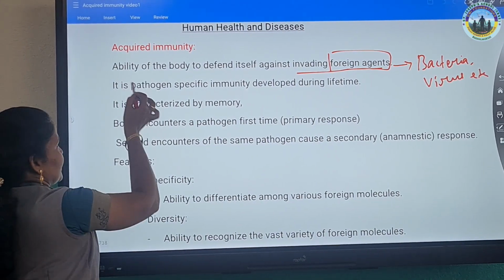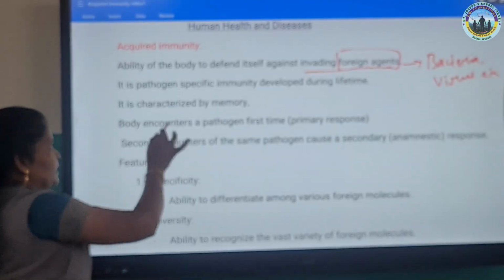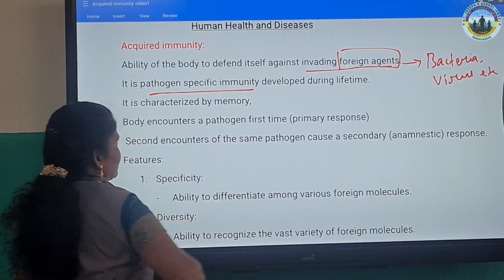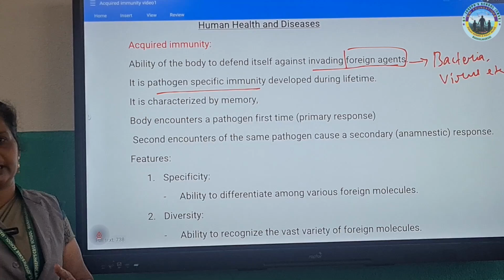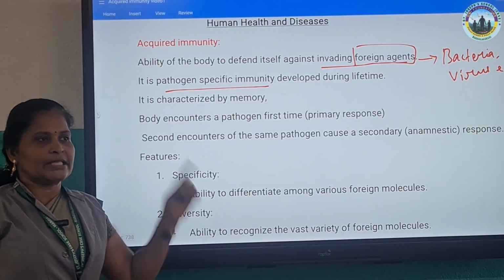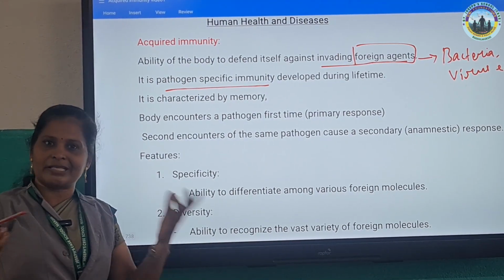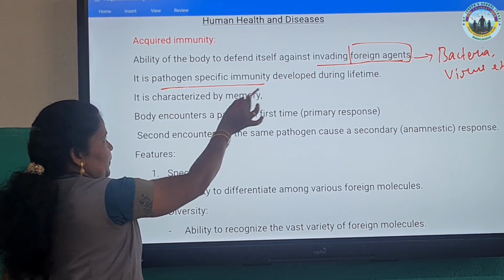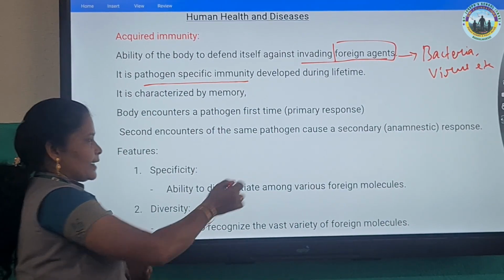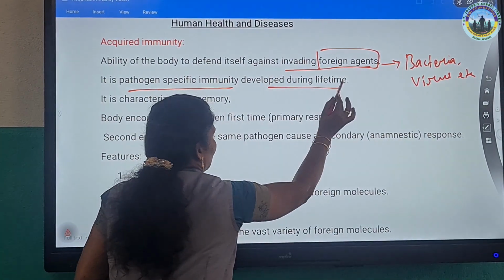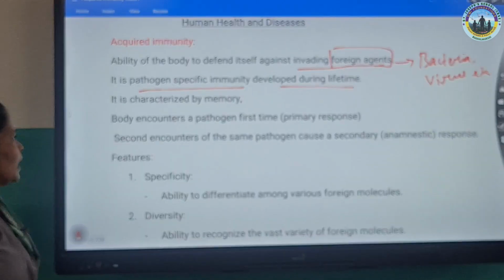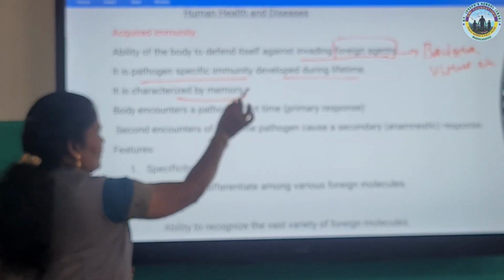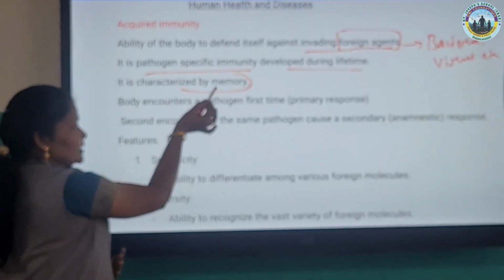Acquired immunity is a pathogen specific immunity. It can identify the pathogen, so it is called pathogen specific immunity. I already told you, it is developed during the lifetime. It is characterized by memory.